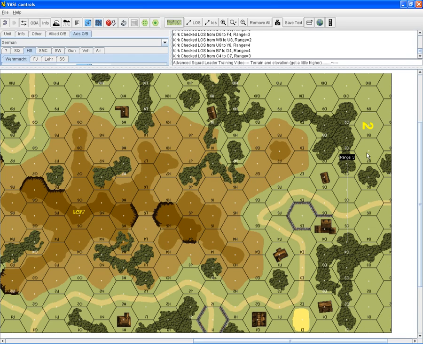So if somebody is coming along the B7 C7 hex spine and bypassing it and going along the B6 C7 hex spine, and you shoot at them there, then they would not get the bonus of being in the woods because they're in bypass mode.